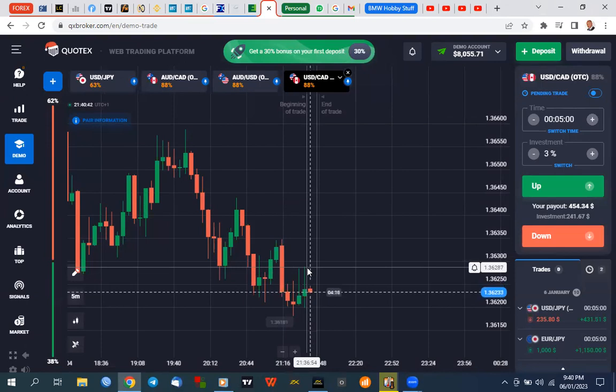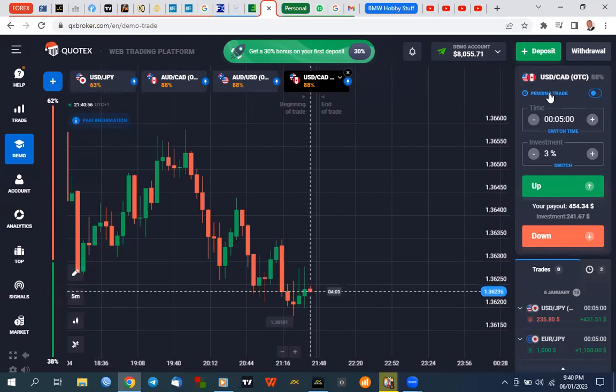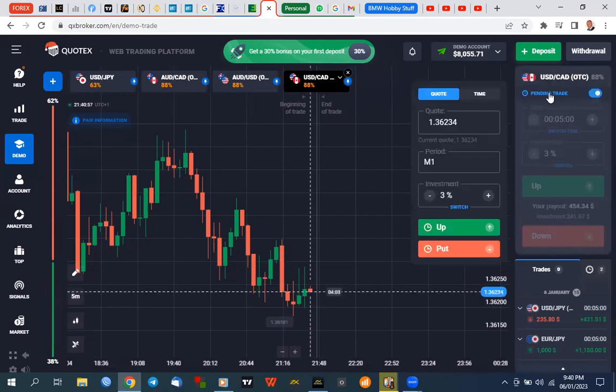What you need to do first is put your cursor there and identify the price at that point. This is 1.36288. So I will say pending trade 1.36288.